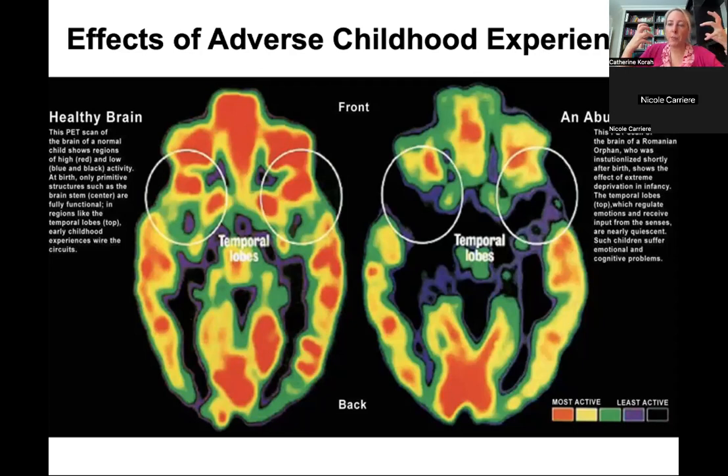And so if the child is healthy, all of these different parts will be activated. Not just the limbic system, but also the prefrontal cortex, to be able to slow down and filter the impulsivity. But you can see for that individual who's gone through chronic long-term trauma, there are even portions of the brain that are not activated.